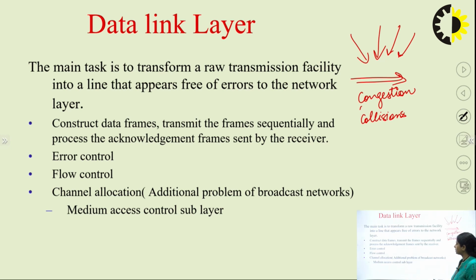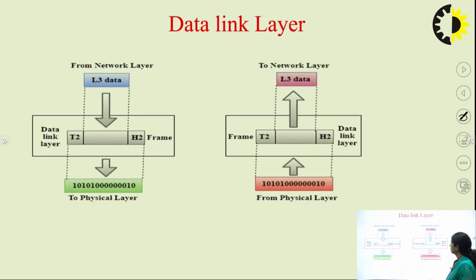So we have a sub-layer of the data link layer, which is known as the MAC layer or MAC sub-layer, which is the medium access control sub-layer, also known as MAC, right? So this is a diagrammatic representation of the data link layer.